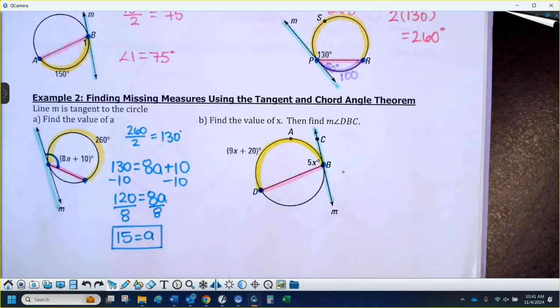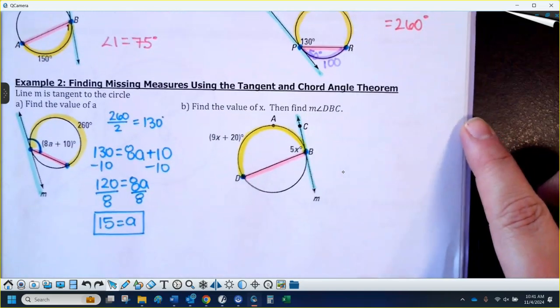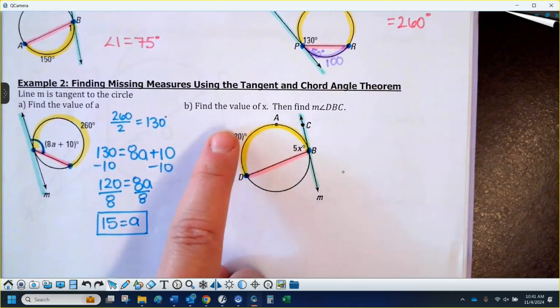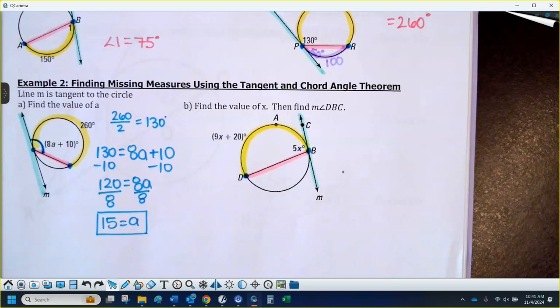There's 2 ways you could do it. I don't have any angle measures. How could I set up an equation? I know here's the angle and here's the intercepted arc. What could I do with those 2 expressions to set up an equation? Any idea?